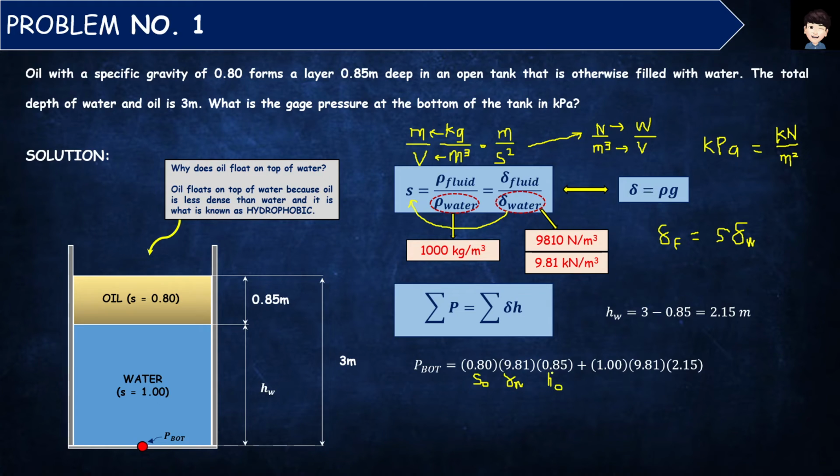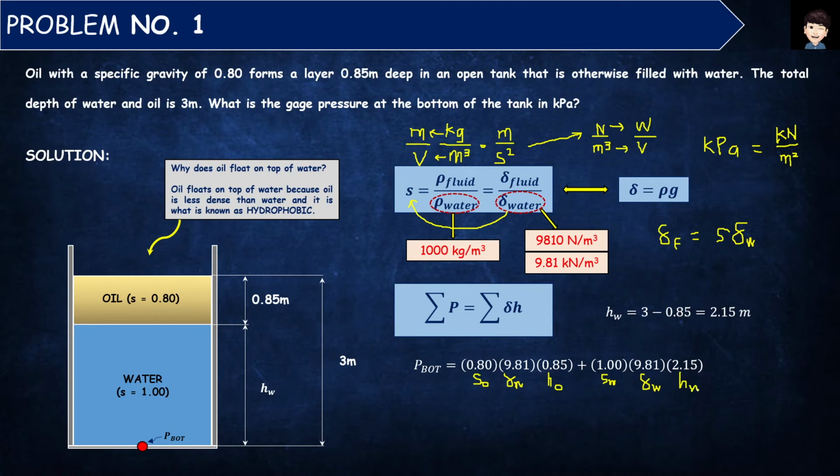Yun yung para sa oil. Then, idagdag natin yung sa water. So, specific gravity ng water ay 1, SW, times 9.81 yung gamma of water, at yung height naman ng water na 2.15 na nakuha natin kanina.